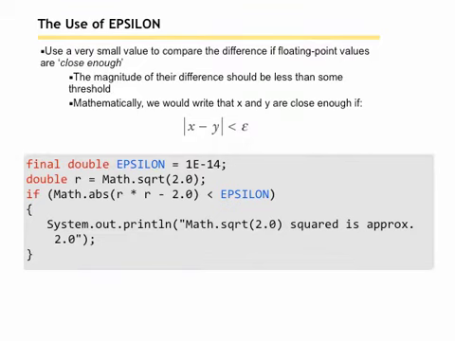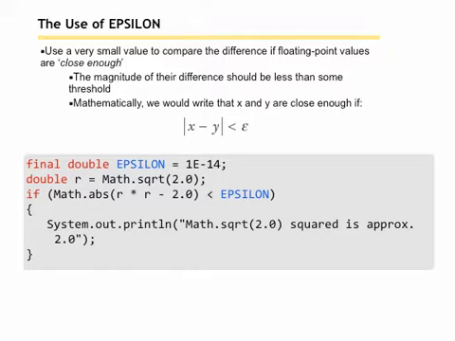Here is an example showing the solution to that problem on the previous slide. We're looking for those numbers to be close enough, the difference between them being so slight that it really doesn't matter. We create a constant called epsilon that we set to 1e-14. Then we set up a variable r equal to Math.sqrt(2), and then we say if Math.abs(r times r minus 2.0) is less than epsilon. What is r times r?